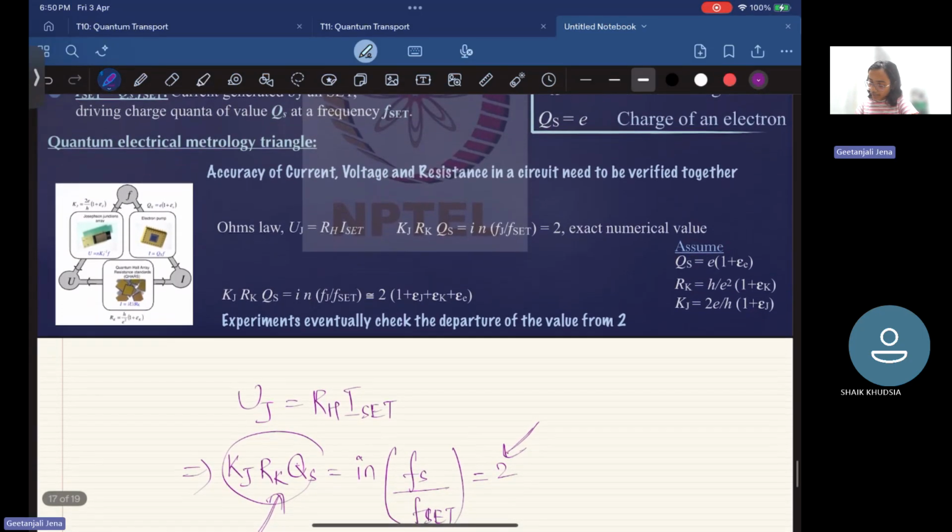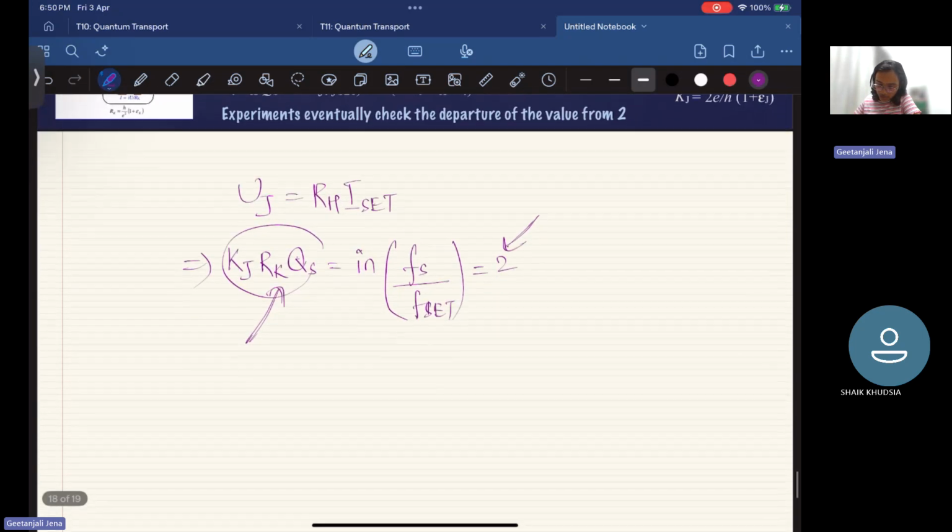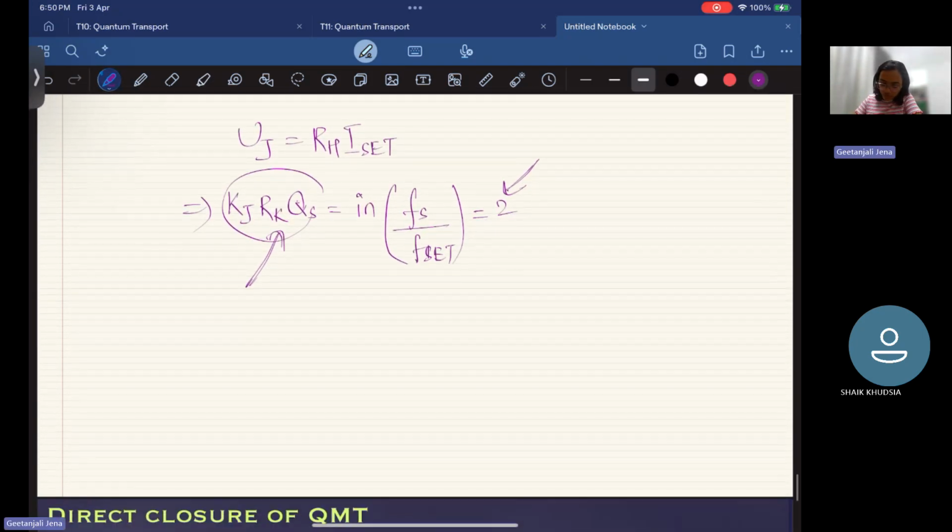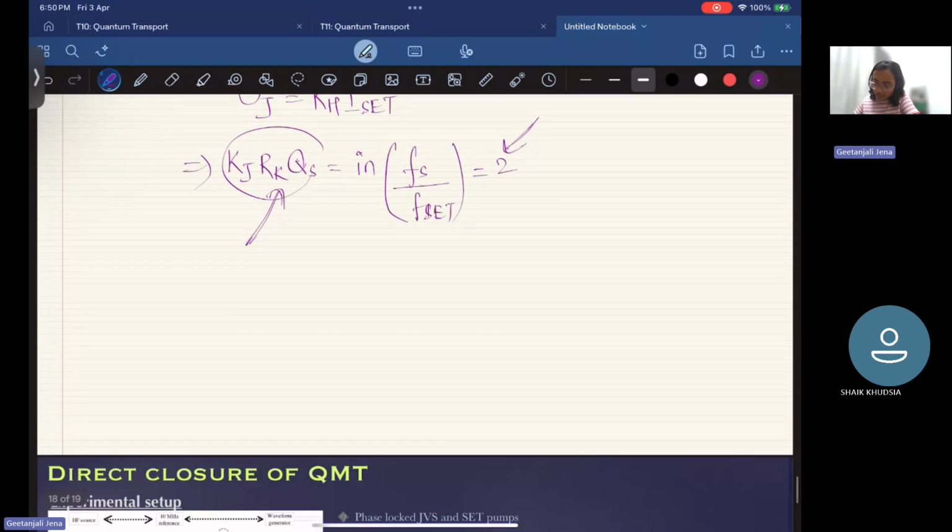So this is what has been done. What you can do is take that there is an error in calculating QS, an error in calculating the Hall resistance, and an error in calculating the KJ constant using the voltage standard. So you can write QS, ideally it should be e, but there is an error of epsilon e.